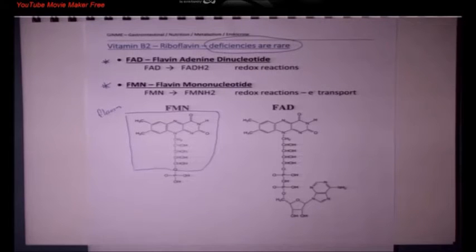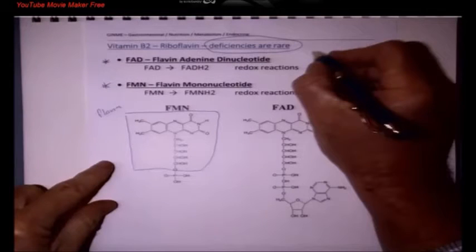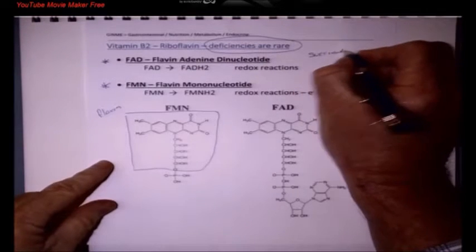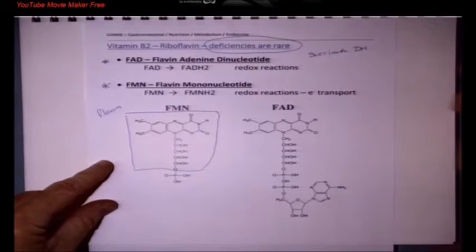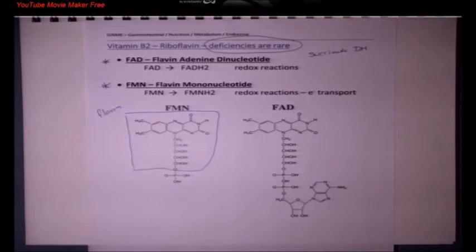So where do these cofactors show up? Where does FAD, what's a very important enzyme that has FAD? Yeah, succinate dehydrogenase. What about pyruvate dehydrogenase?